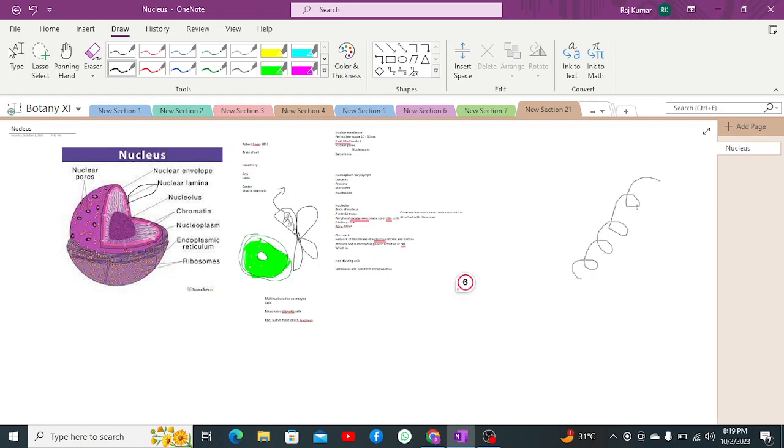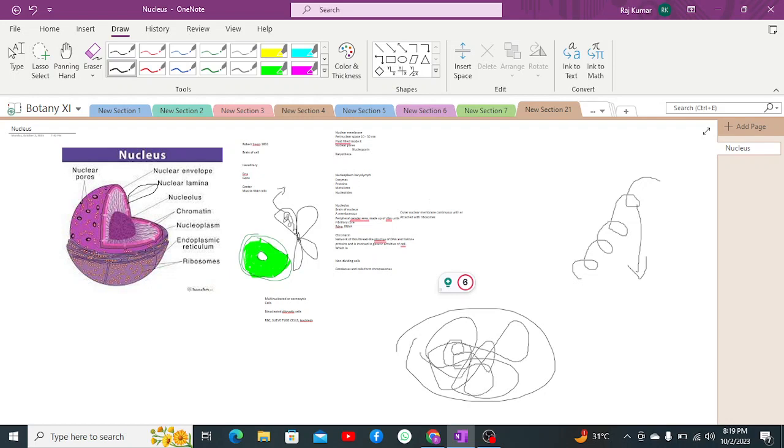Now, why is histone protein there? Suppose this is the nucleus, and within the nucleus, the DNA is present without any histone protein. Then what will happen? The DNA will start to form a network with each other, a congested network which would be difficult to separate at intervals.